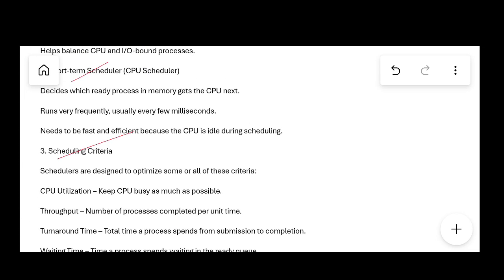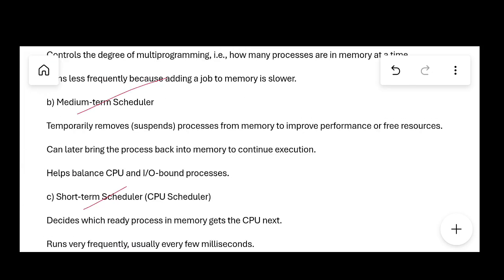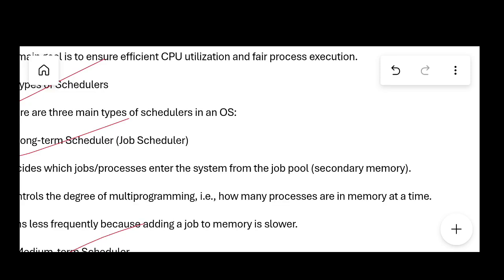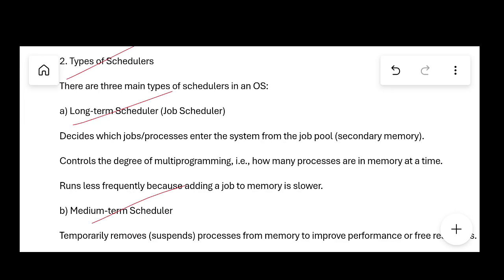So the first is the long term scheduler, meaning job scheduler. Long term scheduler, the customer selector. In this, the manager decides which customers are allowed into the cafe. If the cafe is too crowded, the chef can't cook efficiently.